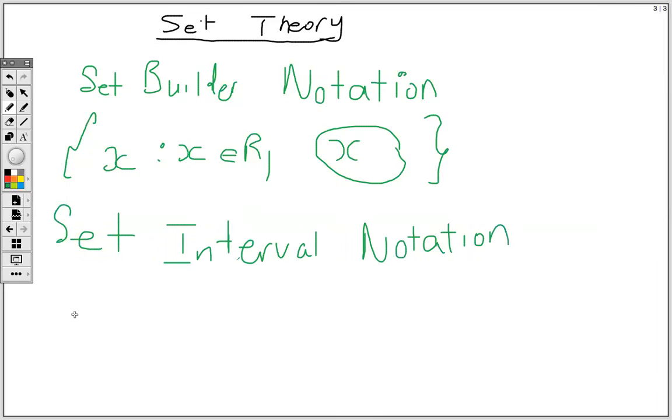Now, for interval notation, we have the curved brackets, which means open, and the square brackets means closed. And open means we're not using the end value, while the square bracket means we are actually using the end values. So now I'll be doing an activity.